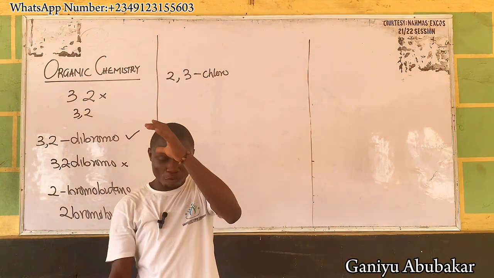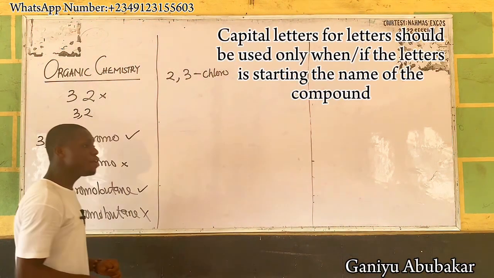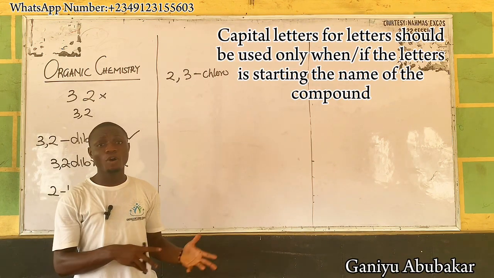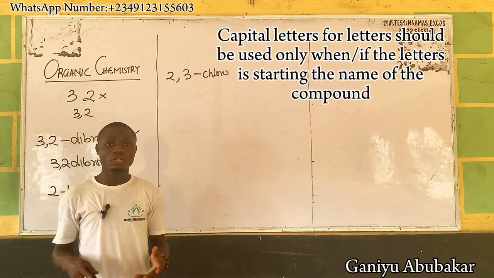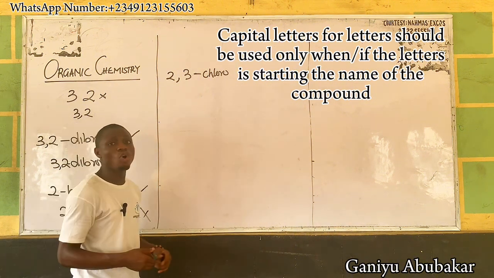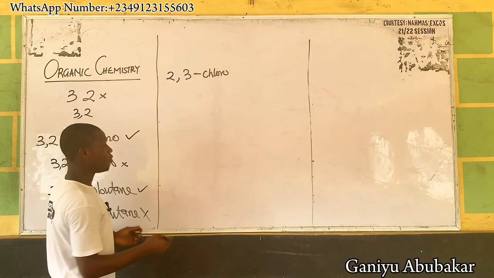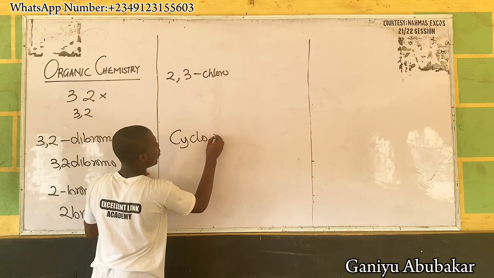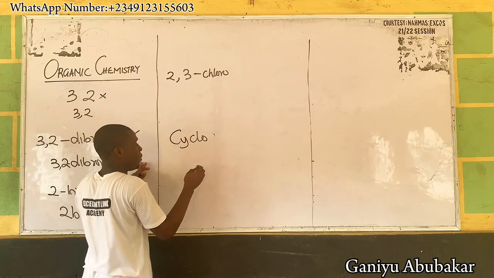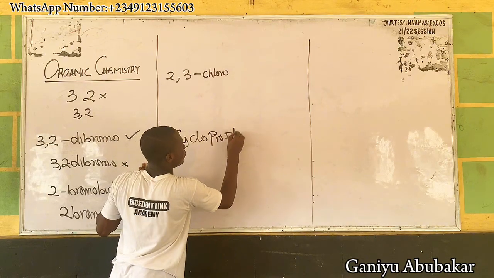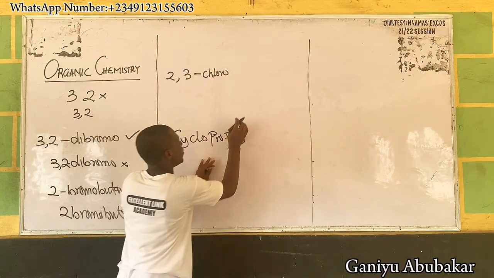Let's take rule 4. Rule 4 says that if the name of an organic compound is starting a compound, use a capital letter, right? That is, let's say I want to write cyclopropyl.